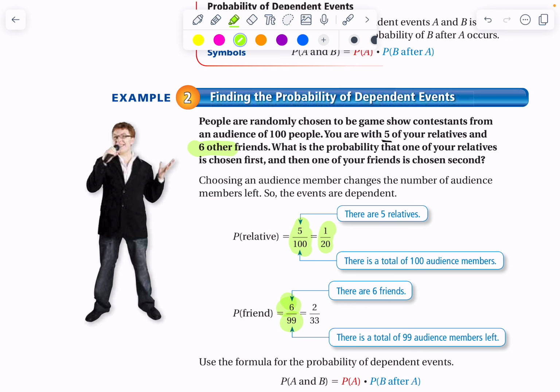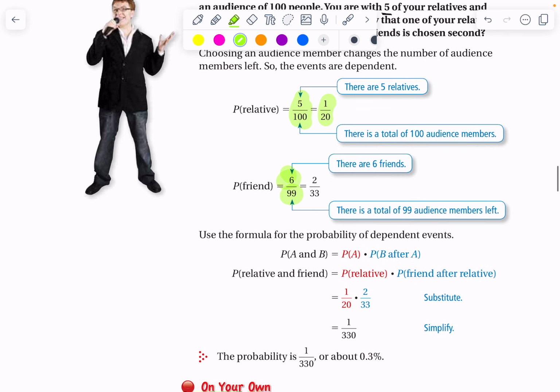So we have 6 out of 99 now, which we can simplify to 2/33. And then we multiply the 1/20th times the 2/33 and get a 1 out of 330 chance of those two specific events happening together.